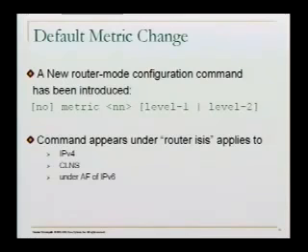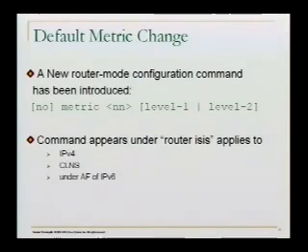So here we have a new router submode command, metric, which allows you to configure and change the default metric. It appears under router ISIS, and you can apply it for IPv4 or CLNS or any particular address family.